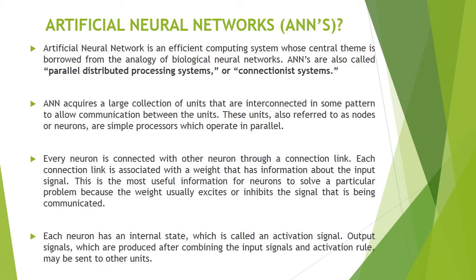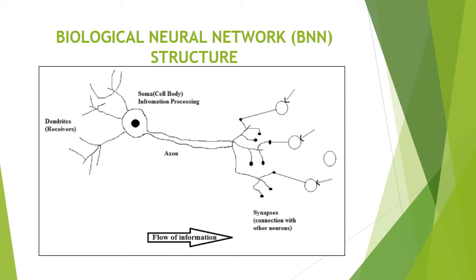So before getting into much detail, the dendrites are known as receivers. It receives information from another, or you can say adjacent, nerve cells. Then comes the soma or the cell body.